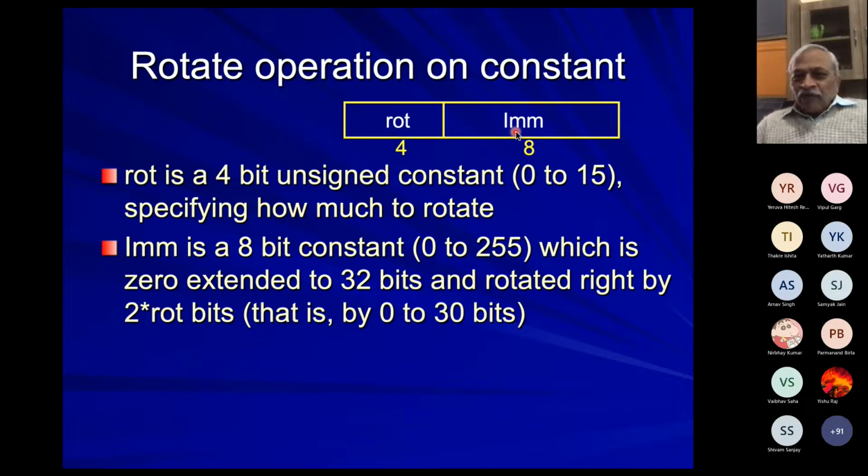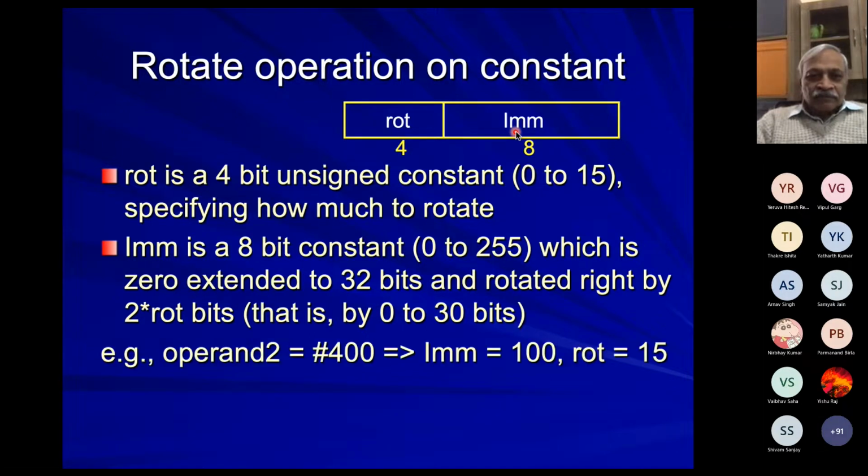But not all possible large constants can be specified. Limited ones can be described in this manner. So for example, suppose you want to specify 400 as the operand. Now this is beyond 255, so you can't specify it in 8 bits.